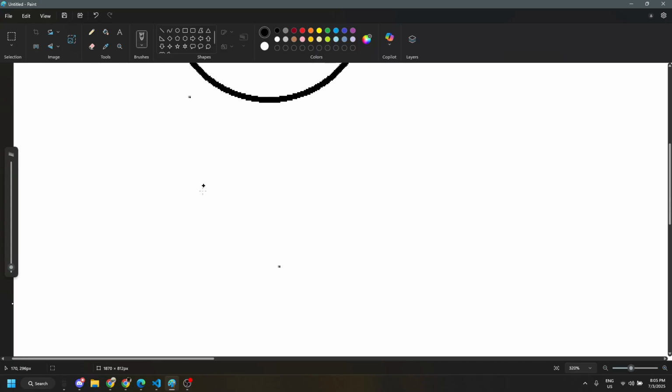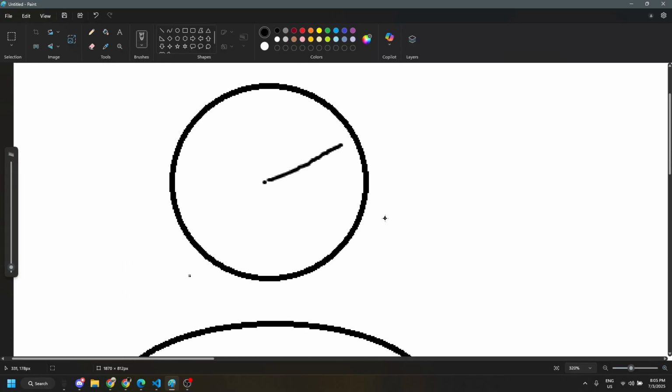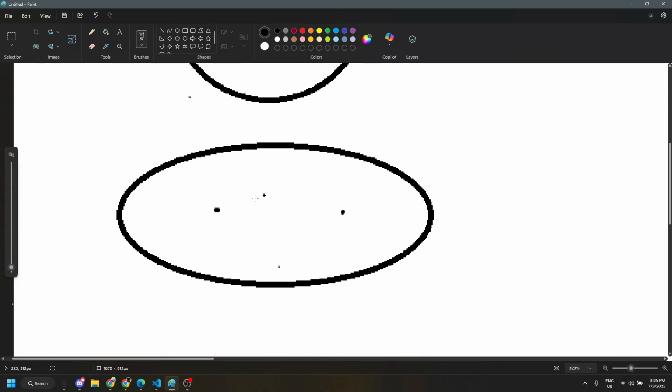But if you take an ellipse, I'm going to use the tool because I'm bad at drawing. If you take the ellipse, it has two things called foci, right? So the foci are the two points that define these ellipses, and this ellipse is all of the points that are a certain distance called the focal length from each of these.